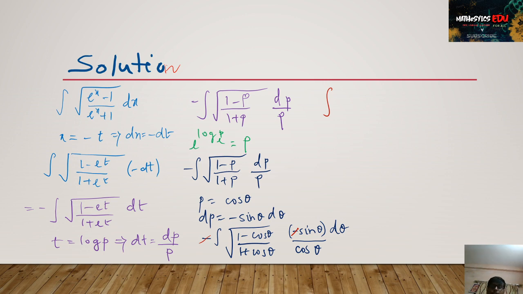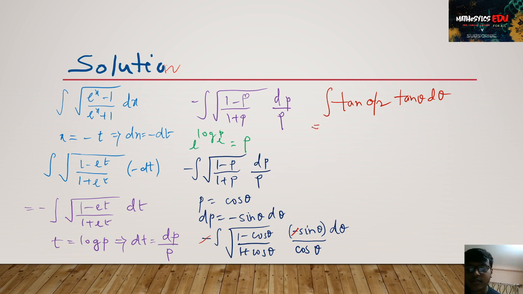The 2 will get cancelled and we will be left with tan square theta by 2, and since there is a square root, root over tan square theta by 2 will give us tan theta by 2. So this will be tan theta by 2 into tan theta d theta.